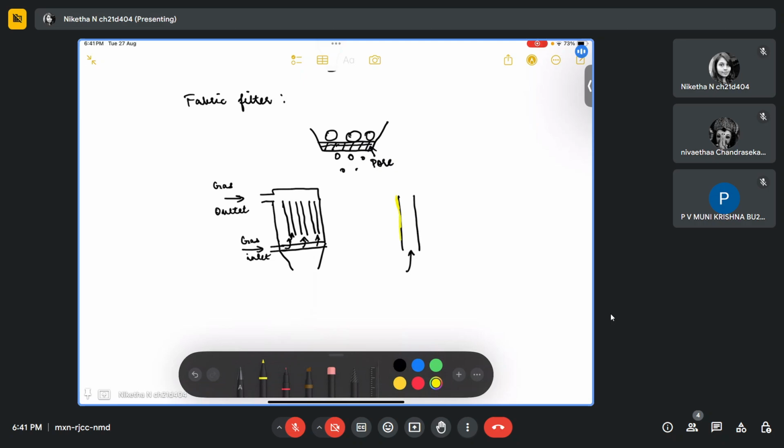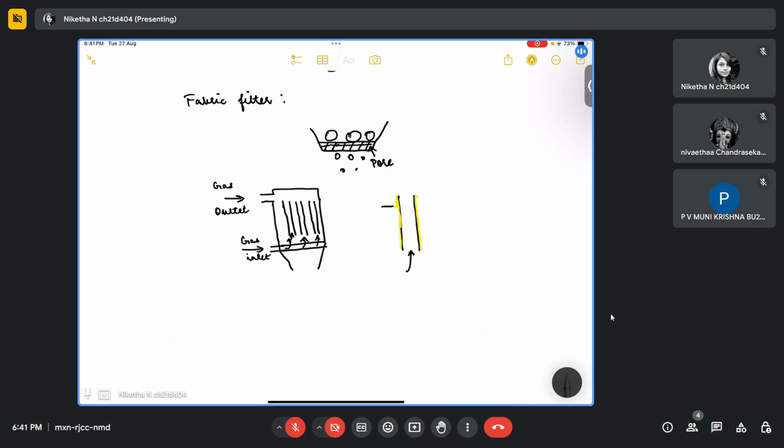This fabric is usually a material like cotton, or it can be nylon, or it can be PTFE.